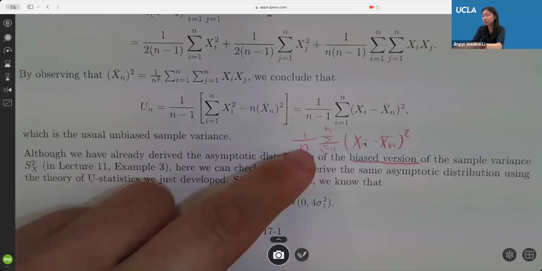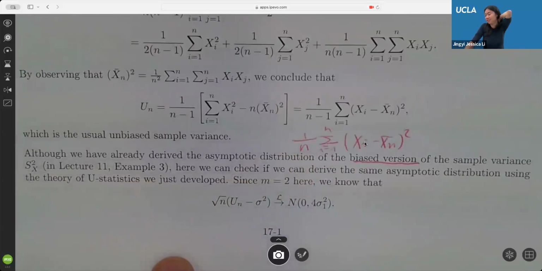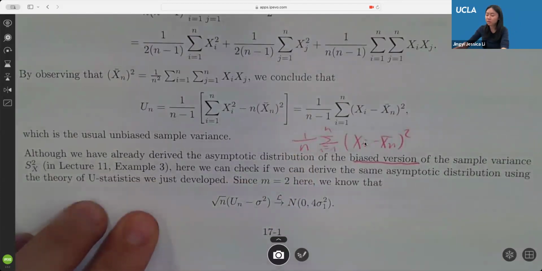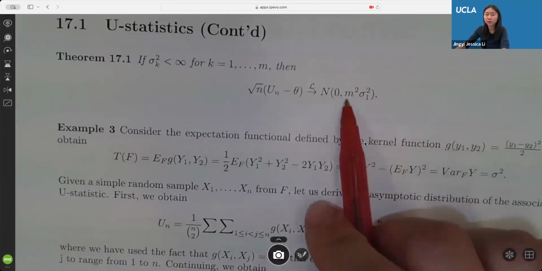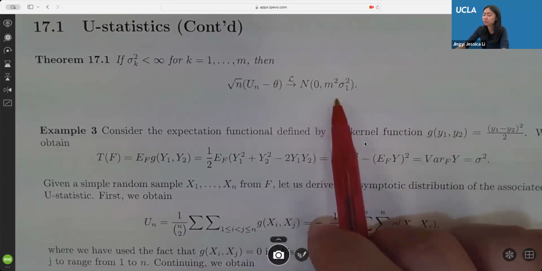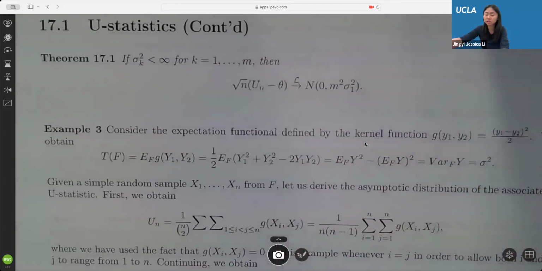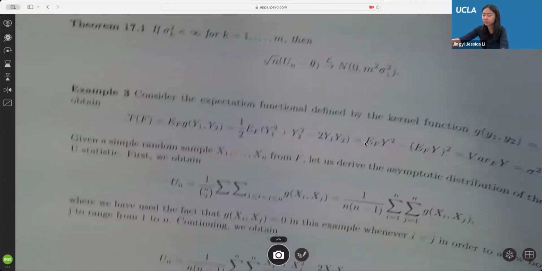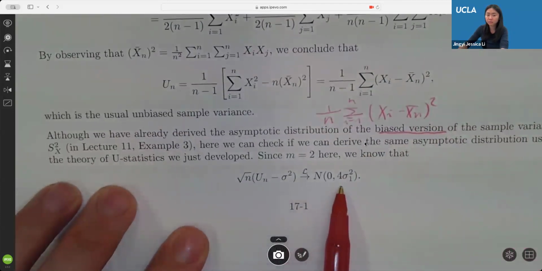Remember, when we derived this, we were using the central limit theorem and the delta method. Now we are using the U statistic result. Here the result is m squared sigma 1 squared. Here m equals 2, so 2 squared is 4, and then we just need sigma 1 squared.